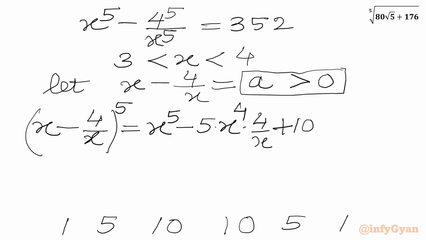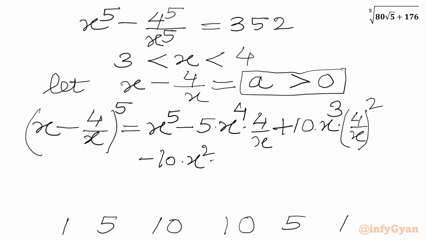Alternate plus minus sign. Decrement in the power of x. This time we will write x cube times 4 over x whole square. Here we will increase the power. Then the next coefficient is 10. So we will write minus 10 times x square, and then we will write 4 over x, power will be 3.